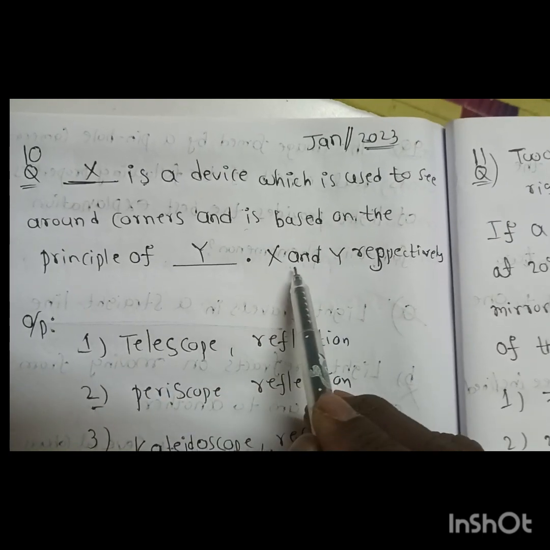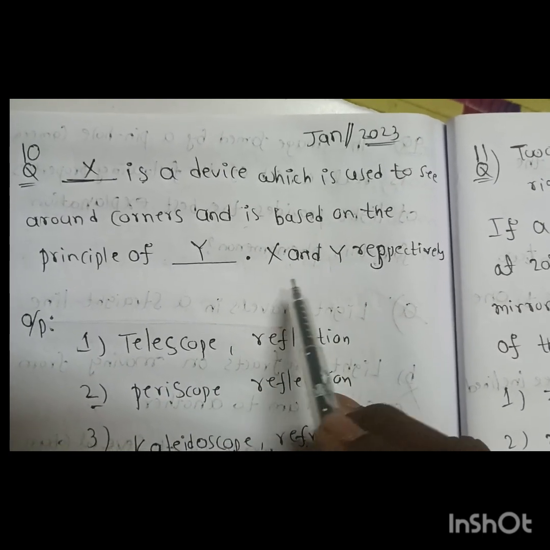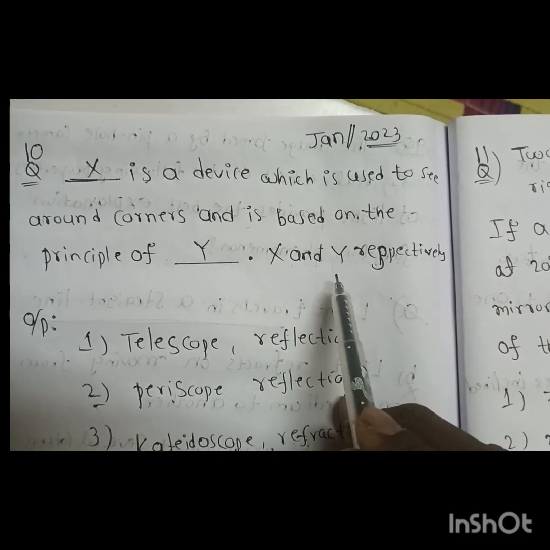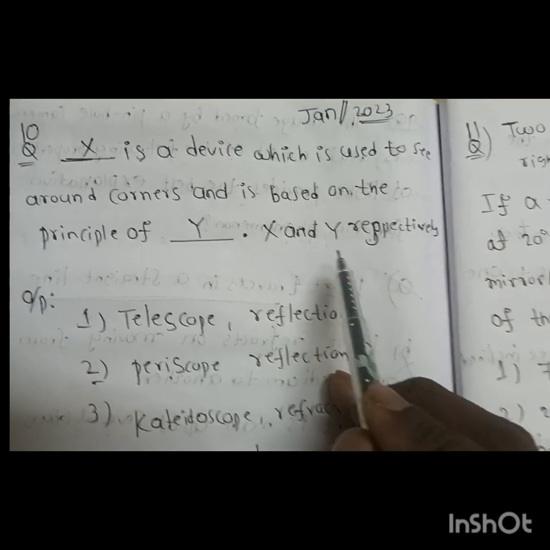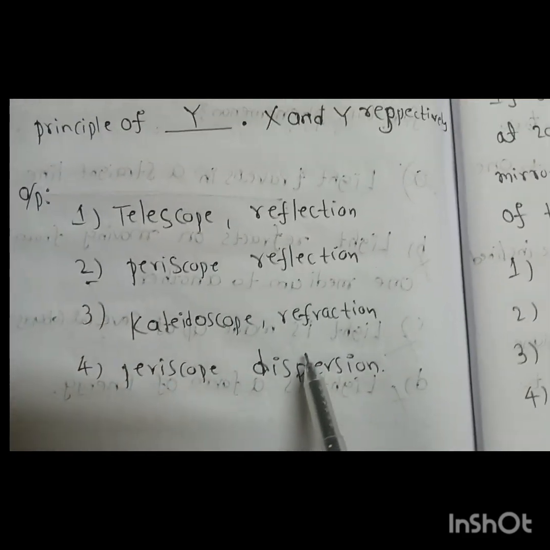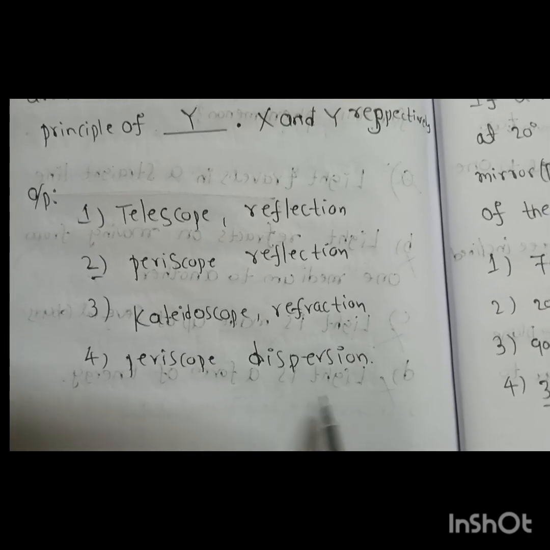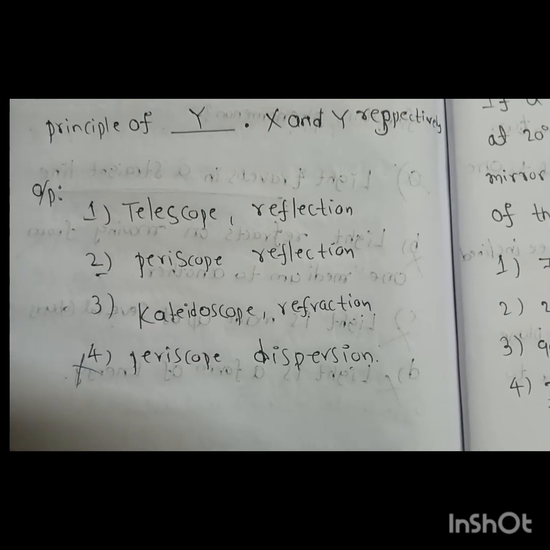So X and Y respectively. If you see the options: telescope, reflection; periscope, reflection; kaleidoscope, refraction; periscope, dispersion. Periscope is not going to be based upon dispersion, I hope.